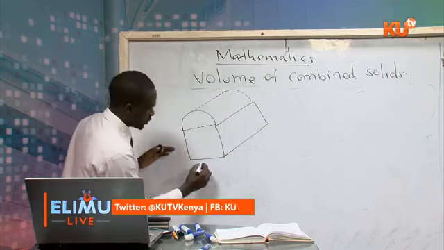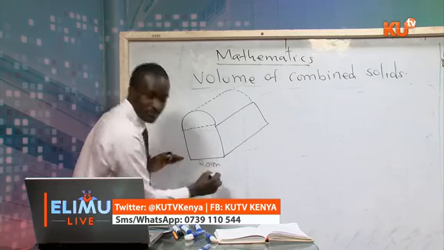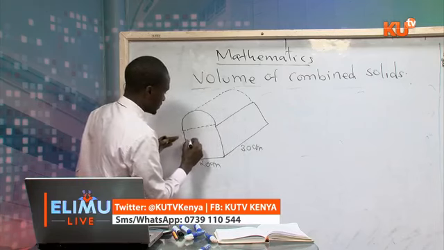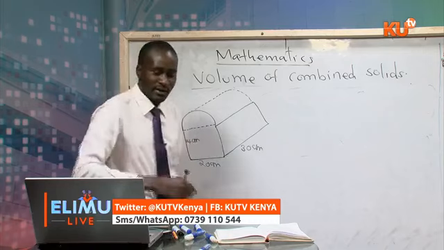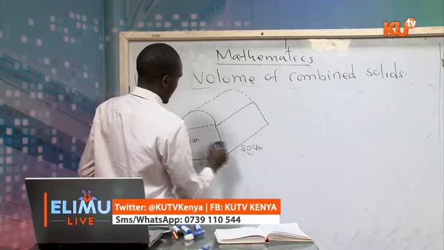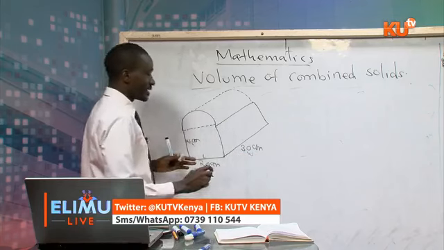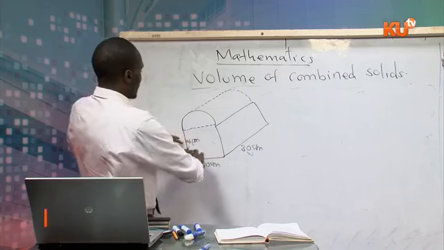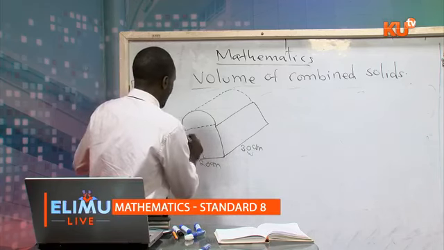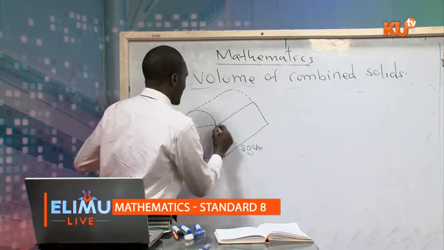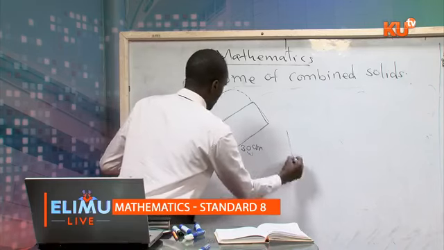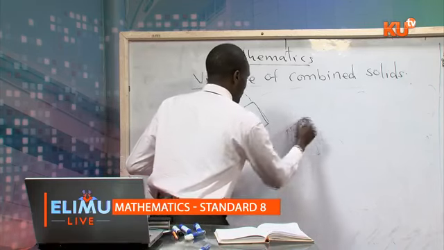So 20 centimeter, 30 centimeter, 14 centimeter. Now this is length, this is width, and this is height. Length times width times height: when we say that, we are dealing with a cuboid.